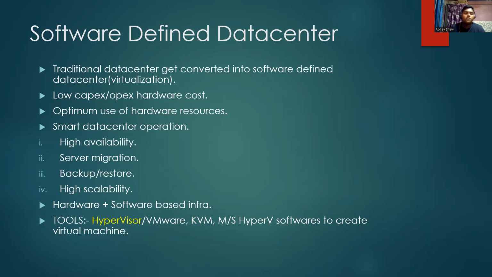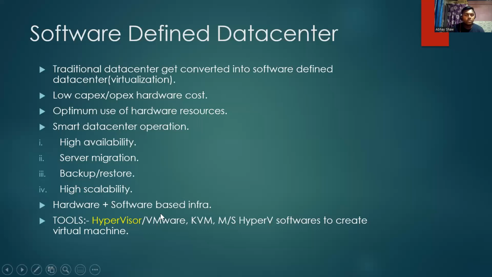It makes the data center hardware somewhat software, that is a smart data center, which has easy server migration, backup, and high scalability, a hardware plus software based infrastructure. The tools used for creating virtual machines on the servers are hypervisors like VMware, KVM, and we can also use Microsoft Hyper-V software to create virtual machines on the servers.